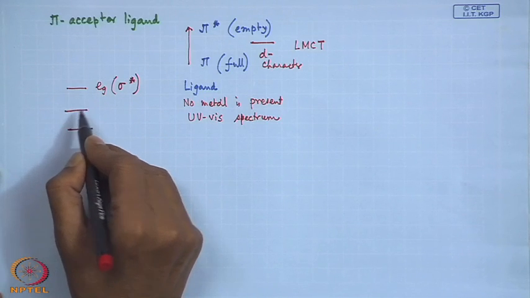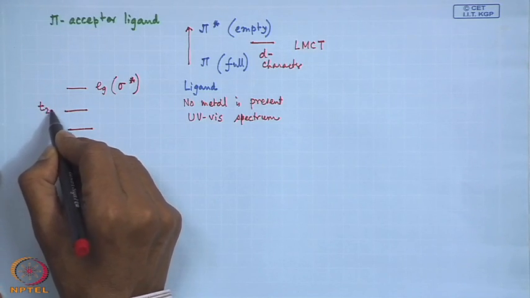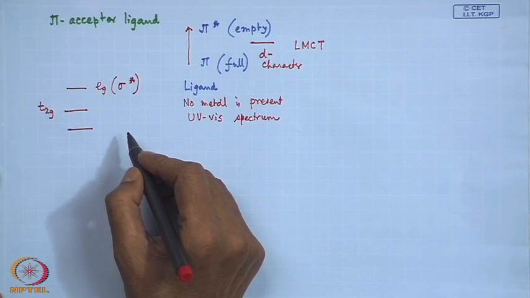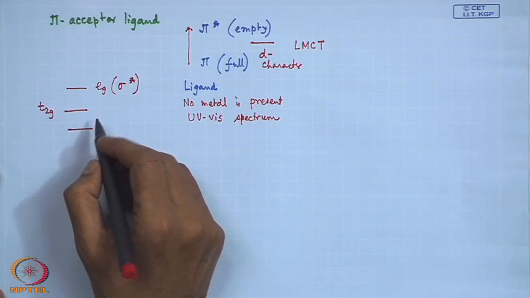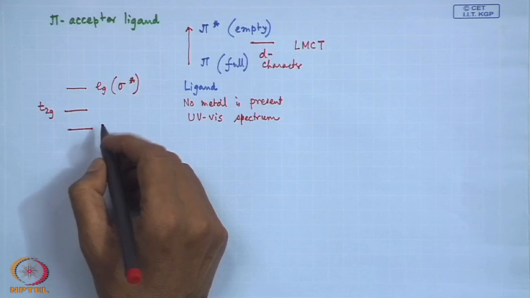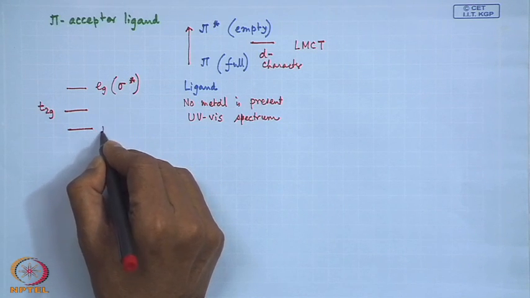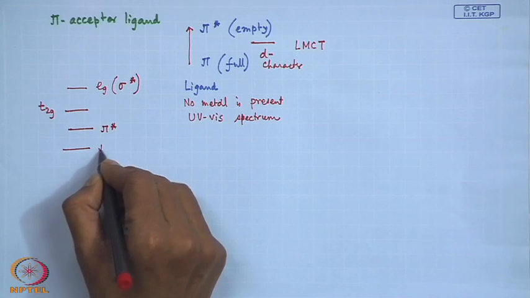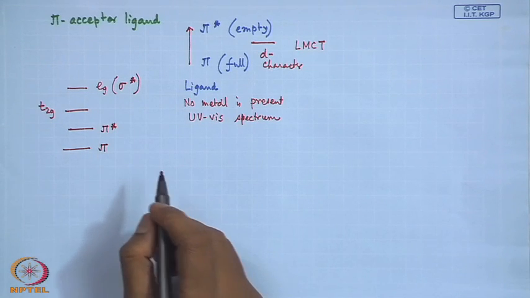We can have the T2g which is not interacting with the ligand, which is remaining as the corresponding non-bonding level for this 3d6 system, and we can have the corresponding pi star as well as pi level.